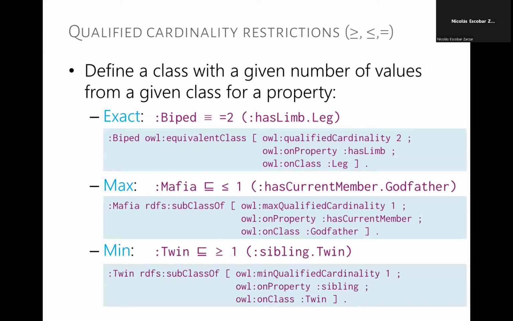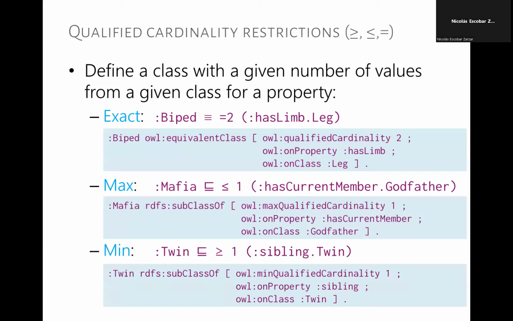Minimum. In this case, we have a twin, and we're going to say that a twin is a subclass of this class definition here, which is the set of things that have at least one sibling that is a twin. So what are we stating? We're stating that if you're a twin, you have at least one sibling that is a twin.